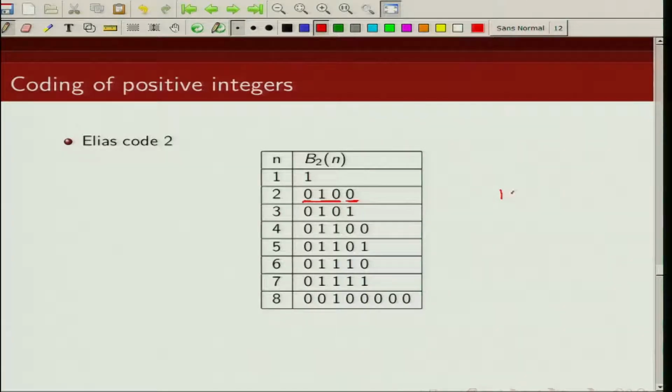So 2 is 1 0, we are removing this leading 1, we are just writing 0. So the Elias 2 code for 2 will be 0 1 0 followed by 0.